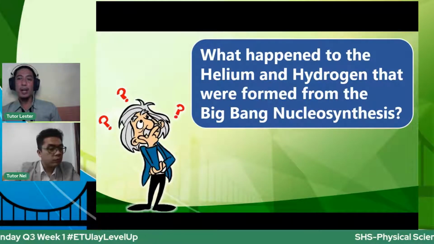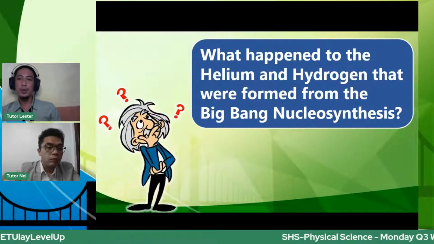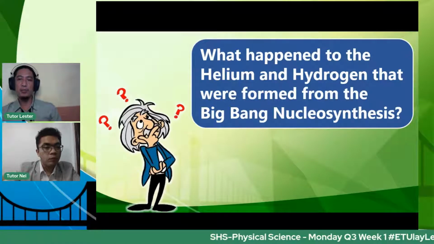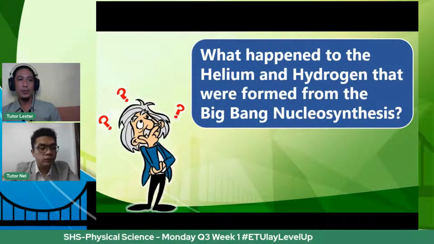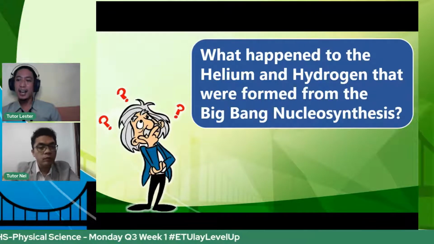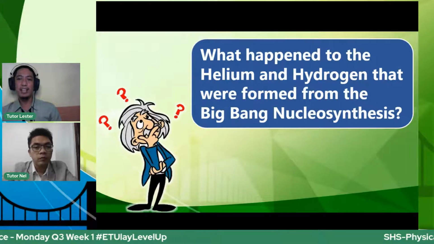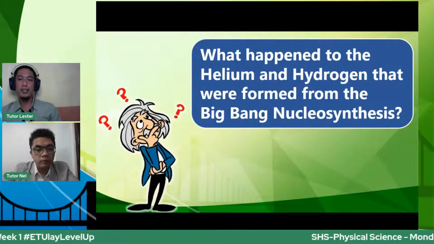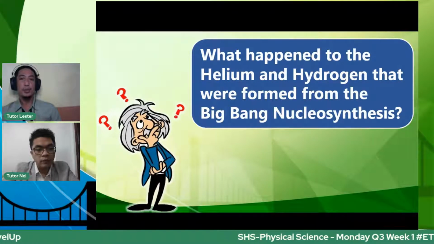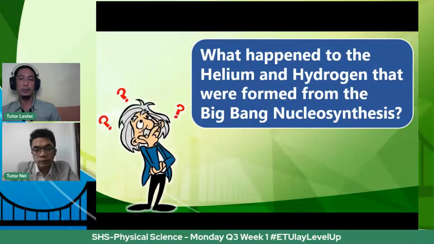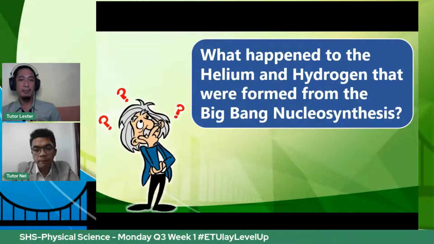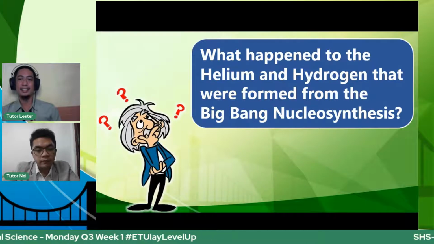So from that moment when Big Bang nucleosynthesis occurred, there were lots of helium and hydrogen that were formed. So clouds of these gases. Ano po ang naging papel ng dalawang element na ito sa formation ng early universe? So what happened to the helium and hydrogen that were formed right after the Big Bang nucleosynthesis?